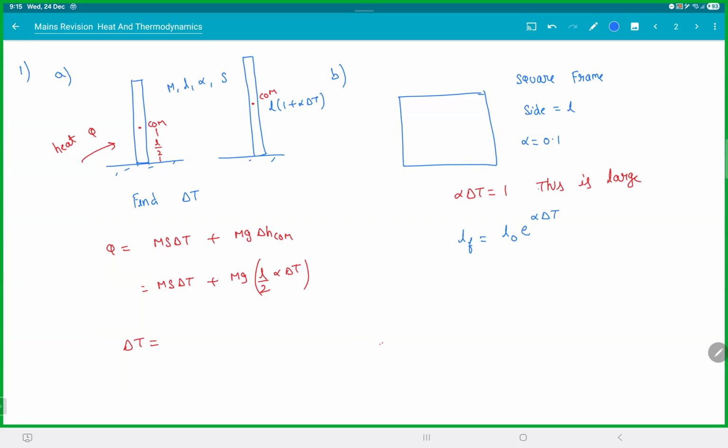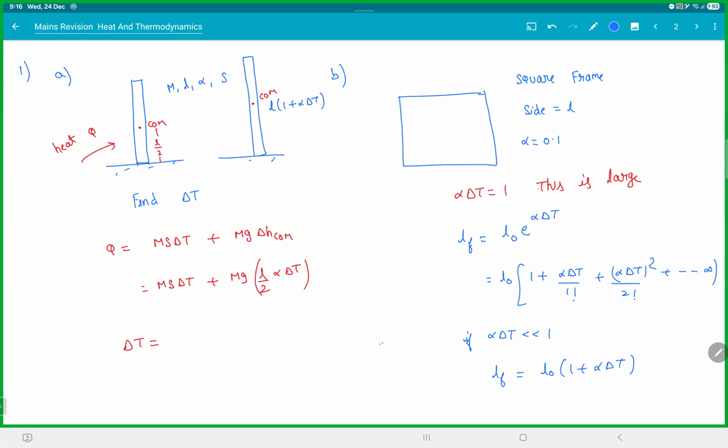If alpha delta T is very, very small, basically we do an expansion here: 1 plus alpha delta T by 1 factorial, alpha delta T whole square by 2 factorial, and so on. And if alpha delta T is much, much less than 1, then L final will become approximately L naught into 1 plus alpha delta T. That is how actually it was derived.